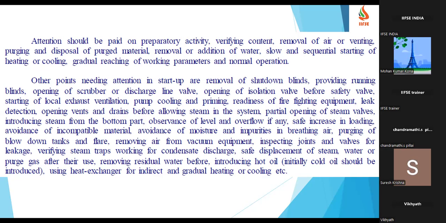In such a case, we will have to follow this procedure. Then we slowly have to heat or cool the equipment to reach the working parameters. We can't directly take it to the working parameters. Slowly and gradually, we have to bring it to the working parameters level.